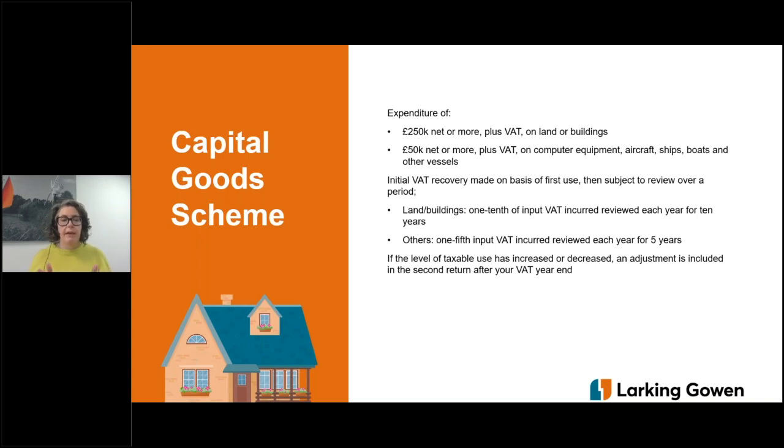And during that period of review, 10 years or 5 years, if your level of taxable use has increased or decreased, you're going to make an adjustment, and that adjustment to the VAT position is going to be reported in the second return after your VAT year end. So the return after we're saying you do your annual adjustment in.